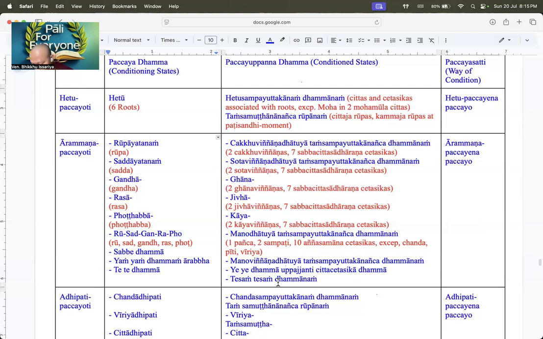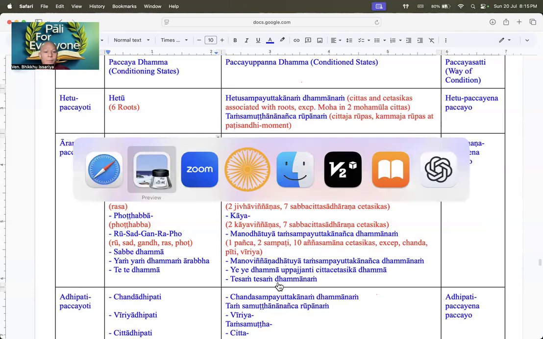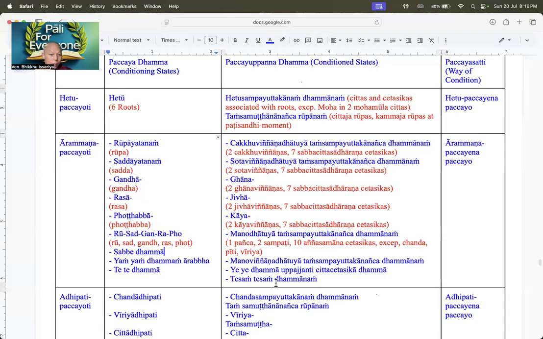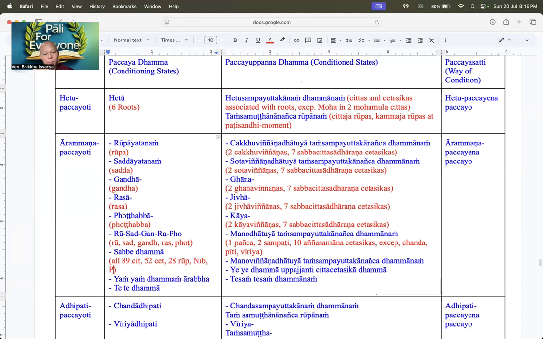Sabbe dhamma means all: 89 cittas, 52 cetasikas, 28 rupas, nibbana, and concept, paññatti.